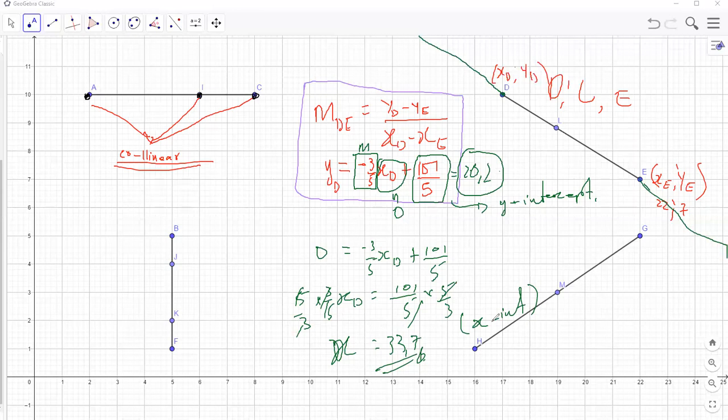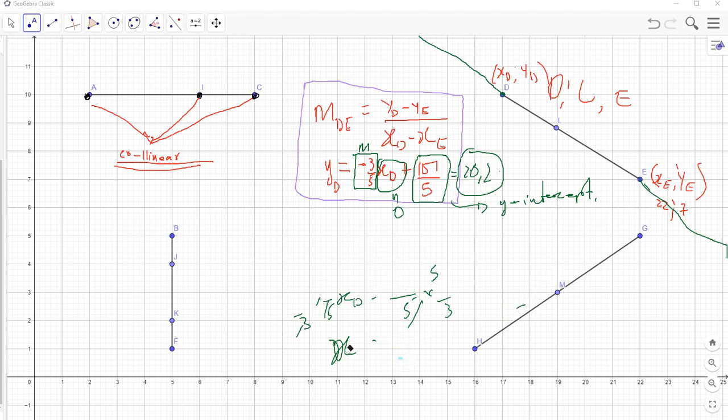From this, I want us to establish then a general formula for the equation of a straight line, or equation of a line segment. In general, a line segment has an equation in the form y is equal to mx plus q, actually plus or minus.